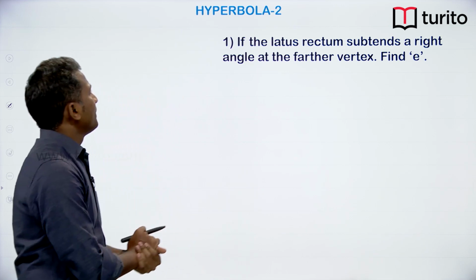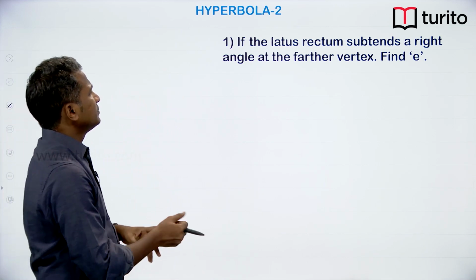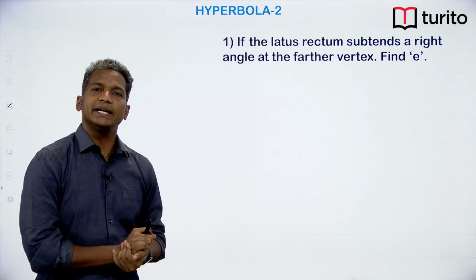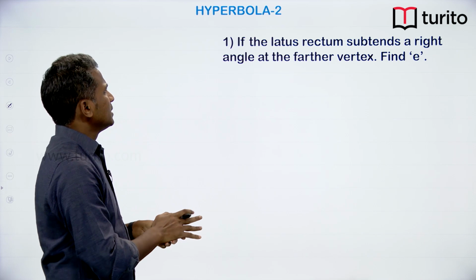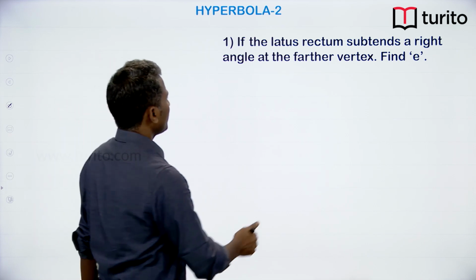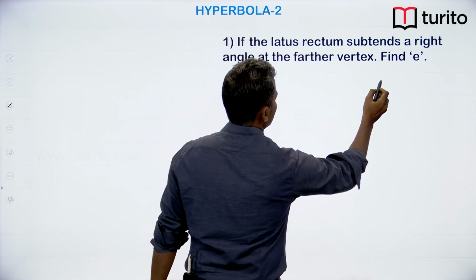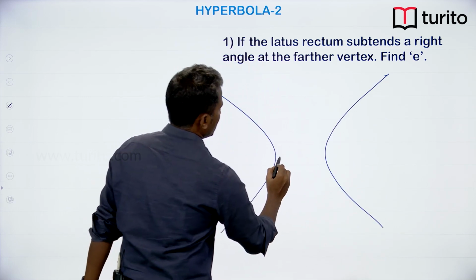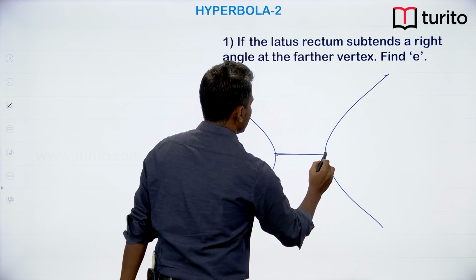So, here the latus rectum subtends a right angle at the farther vertex. So, find e, this is the question. Suppose I take one hyperbola and these two are my vertices.